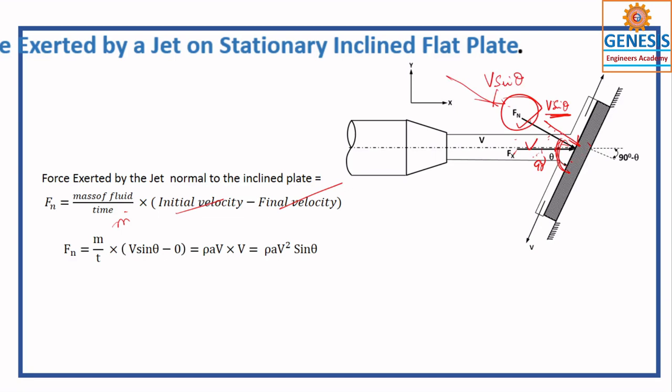So it is moving with v sin theta. And after striking that plate, the velocity becomes 0. Why? The plate is fixed. So m dot is staying there only. So m dot is nothing but rho a v, where a is the area of cross section of the jet, and this is the initial velocity, and the final velocity is 0. So what we are having? This is rho a v square sin theta.